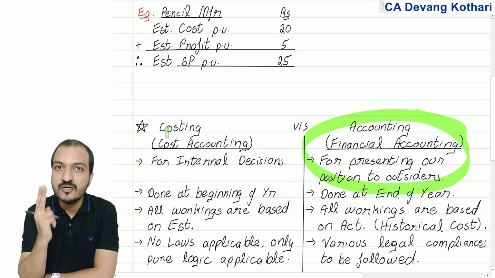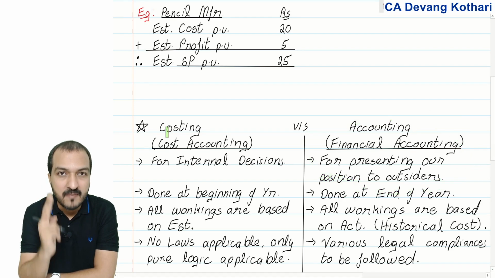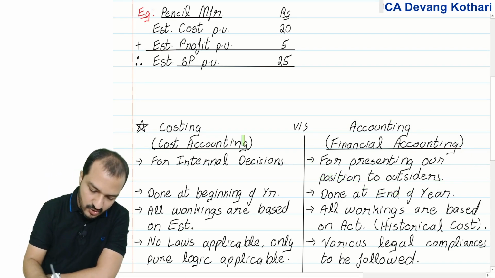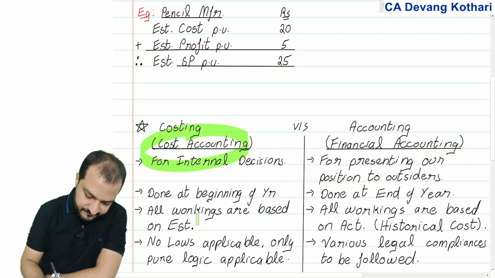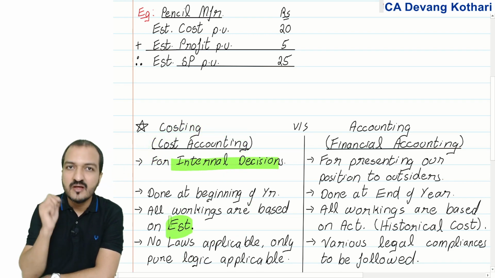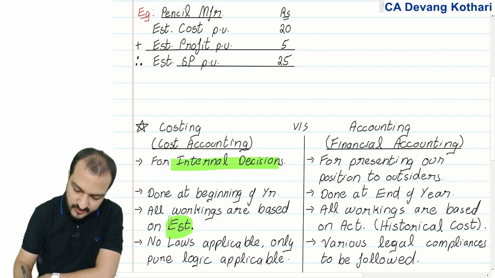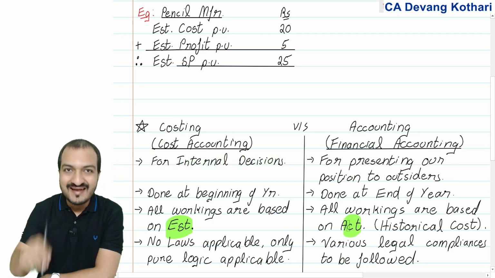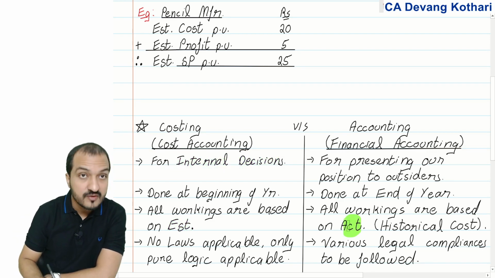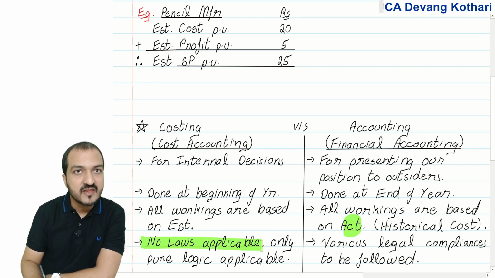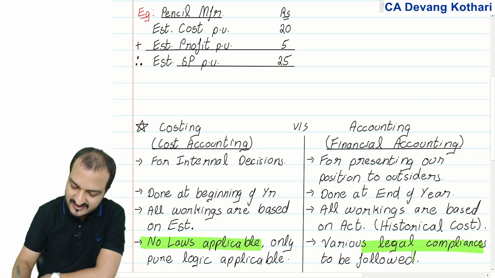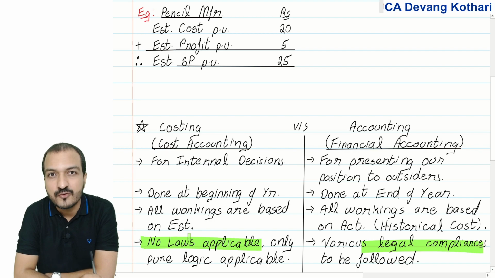Two main things to remember here: cost accounting is for internal decisions. It is all based on estimates. Financial accounting is all based on actuals. And another important thing to remember, no laws applicable here, but yes, here various legal compliances are to be followed.